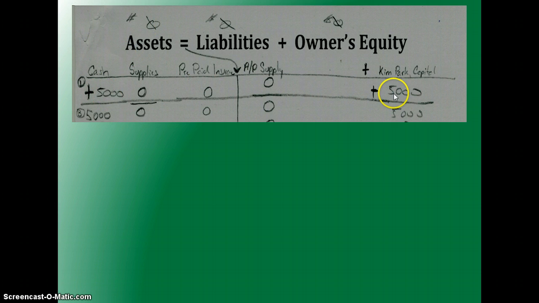Capital was increased by 5,000. So here are my new balances. Supplies and these other accounts that you don't know about yet, we'll get to. None of these were affected, so we're going to leave those zeroed out right now. If you'd like to go ahead and fill those accounts in, feel free to do that, but we'll do that at a later date. Left side, 5,000. Right side, 5,000. Is my equation in balance? I hope you answered yes.